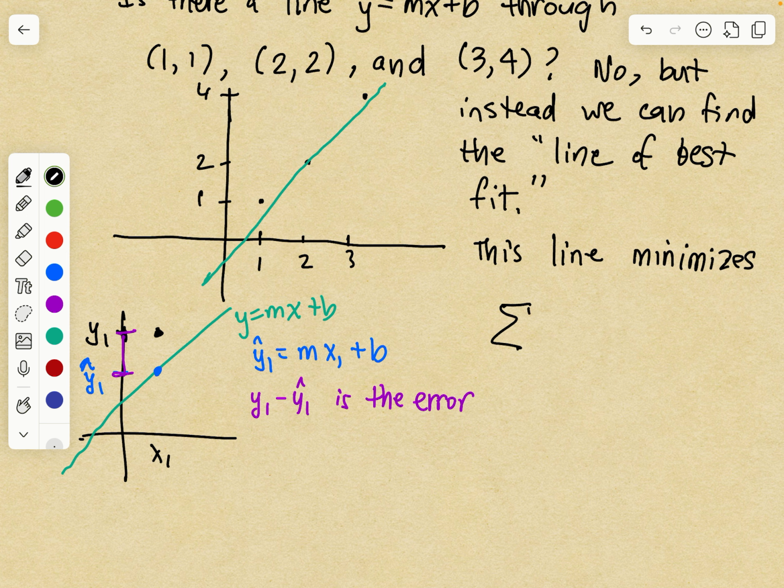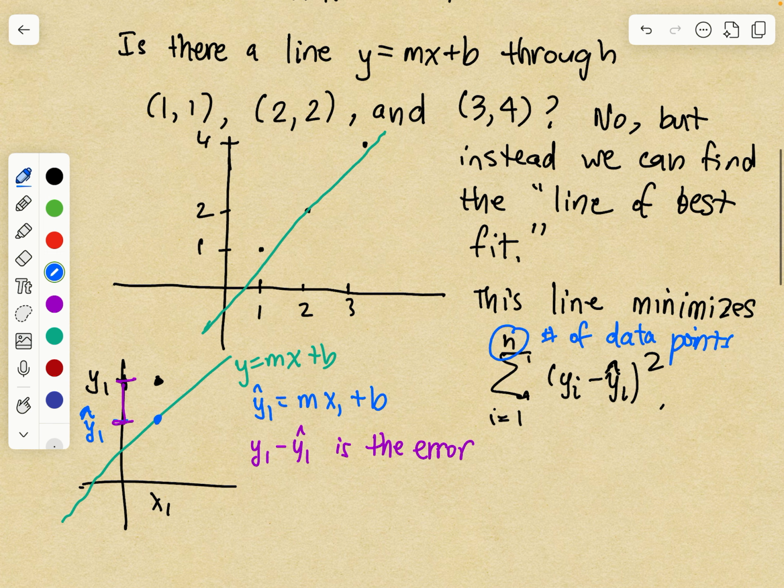I'm writing out the general formula: the sum from i equals 1 to n of (yi minus yi hat) squared. So n is the number of data points. In this example, there's 3. You have x1, y1, x2, y2, and x3, y3.